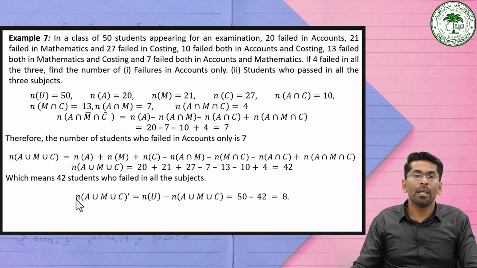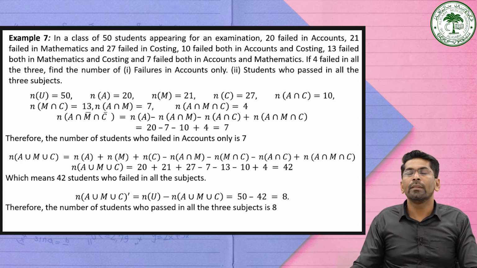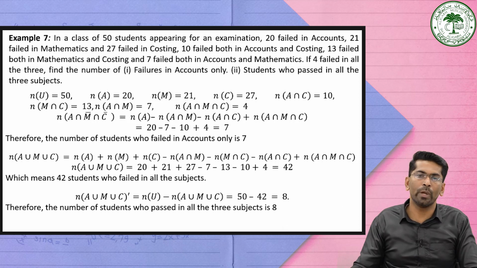The number of elements in the complement of A union M union C is equal to the number of elements in the universal set minus the number of elements in A union M union C. Our universal set is 50, minus 42, which is 50 minus 42, equal to 8. So the number of students who passed all the three subjects is 8.